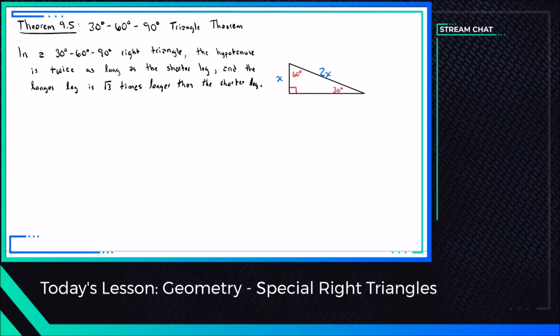So if our shorter leg is equal to x, then the longer leg is going to be equal to x root 3. And so just to write this out, the hypotenuse is equal to 2 multiplied by the shorter leg.